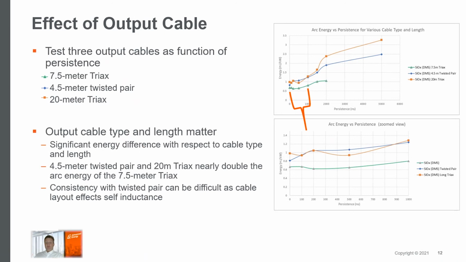Unfortunately, the power supply cannot be placed directly on the chamber, and cables are required. There will be some trade-offs, but you can see here that the 7.5 meter triax actually performed the best and had the lowest arc energy, even over a shorter twisted pair and a longer triax. The difference in the energy was about double.